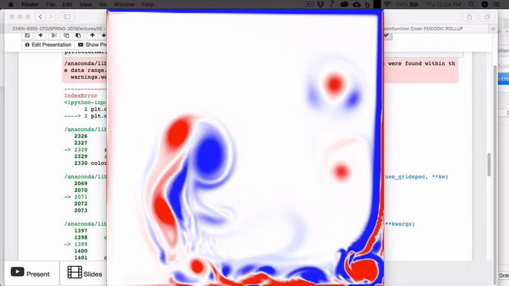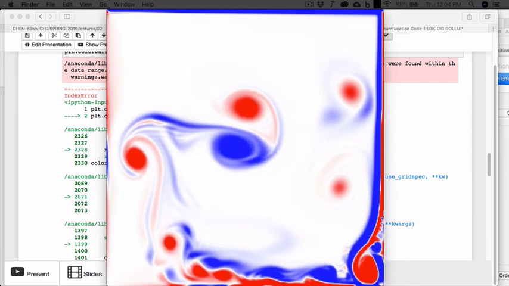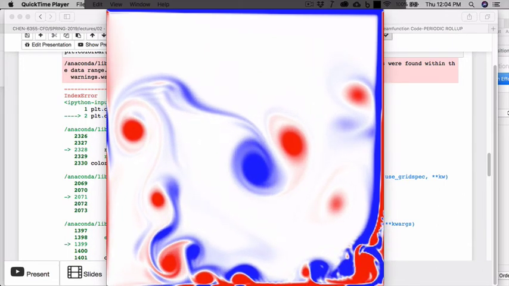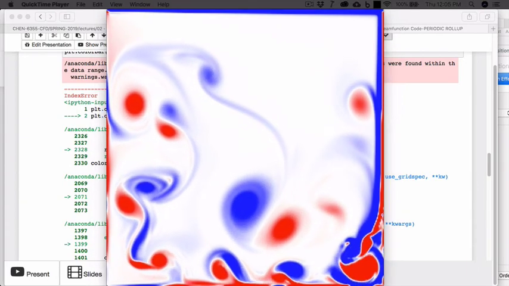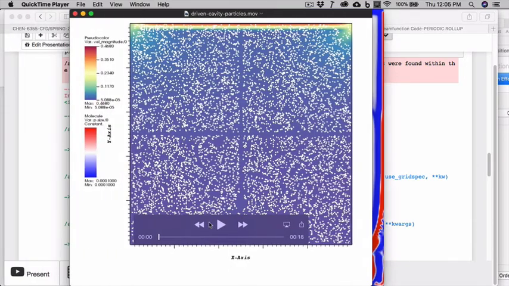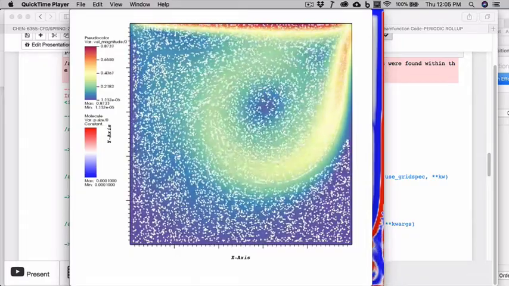So let's see, and I have one with particles. Okay, so this is another simulation of the driven cavity, but I put particles in it, solid particles, just randomly floating around. And then as the cavity runs, it kind of moves these particles around.